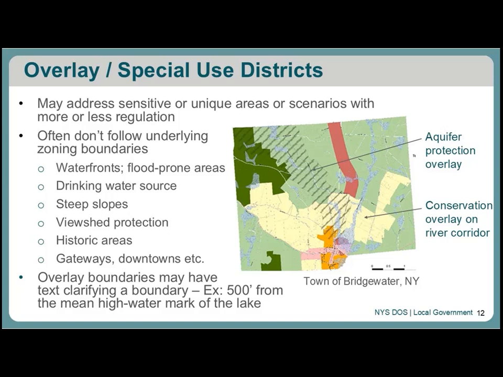And that's mostly because the representation on the map might show you where it is, but the text might be more specific and explain why and how you define the boundary and what was thought at the time when you put that boundary into place.